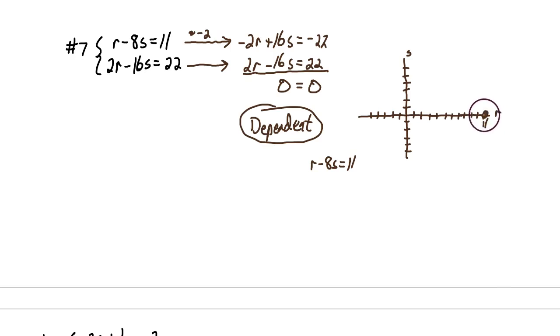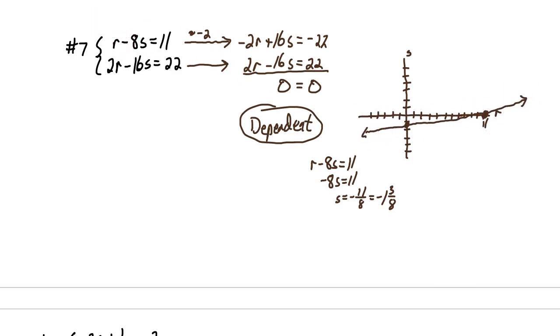Here is the r-intercept. Now let's put 0 for r. We get negative 8s equals 11. So s is equal to negative 11 over 8, which is negative 1 and 3/8. That's located in between the negative 1 and negative 2 marks. This line represents that first equation.